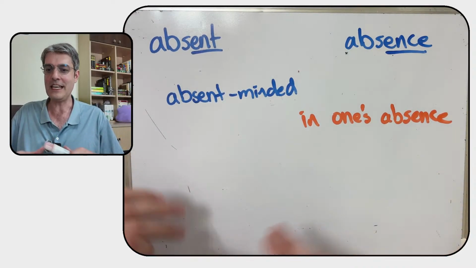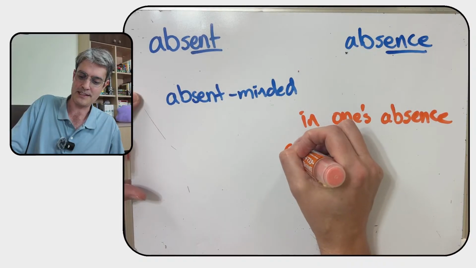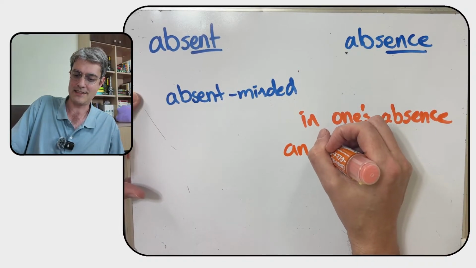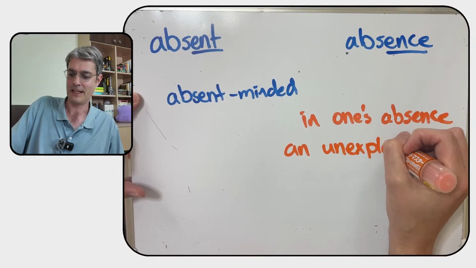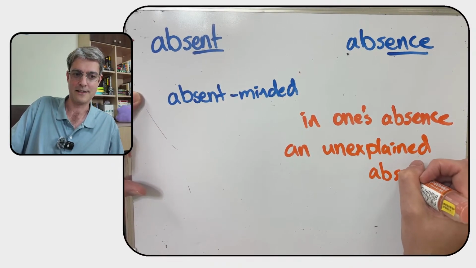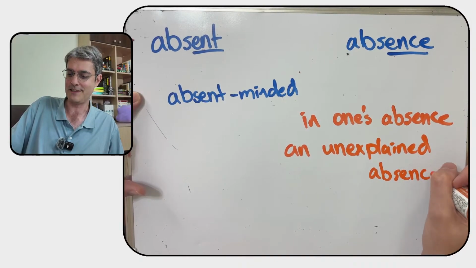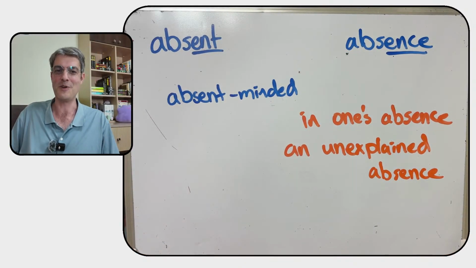So in addition to in one's absence, we may also say someone takes or has an unexplained absence. This means that someone was absent, they weren't there, and nobody knows why, or they didn't tell you why. So you might see this in celebrity news where somebody is kind of hiding for a while.